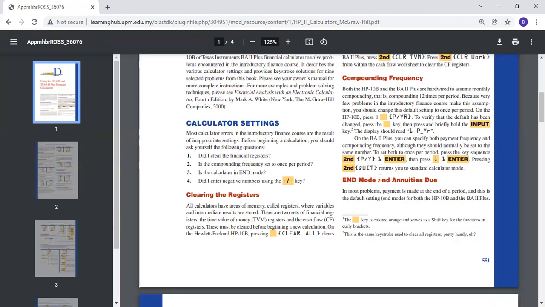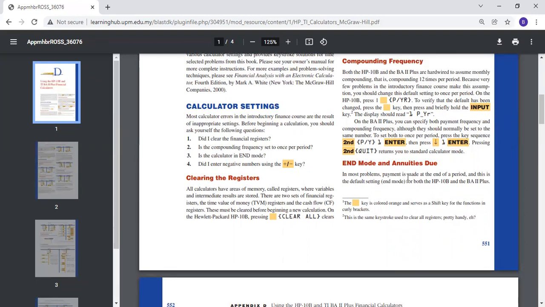Then it's also important to take note of end mode and annuity due. In most problems, payment is made at the end of the period. If you remember when I was explaining in the first few slides, the tick shows payment is made at the end of the year.